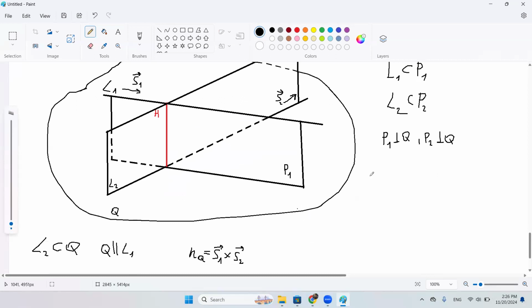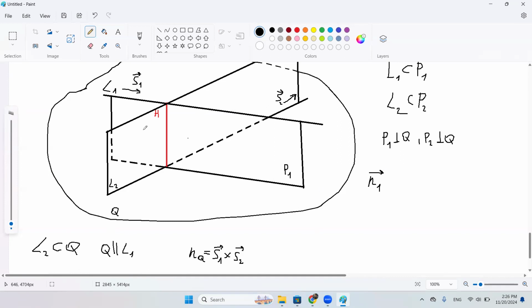Okay, so continuing. For these planes, we need to find normal vectors. For P1 and for P2, we know points that belong to these planes, finding them from equations of straight lines L1 and L2. How to find N1?